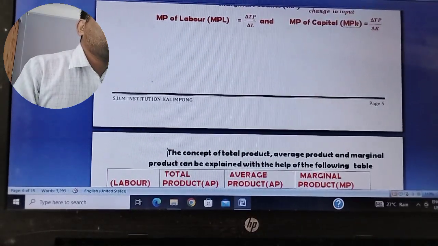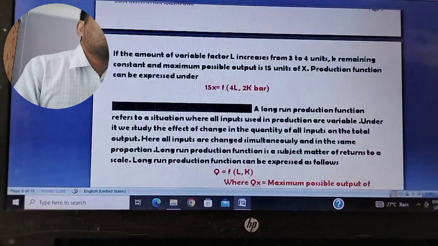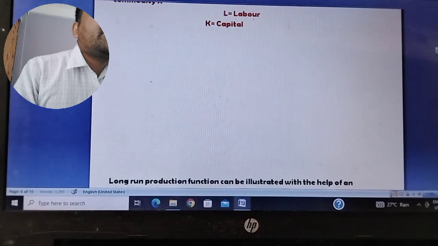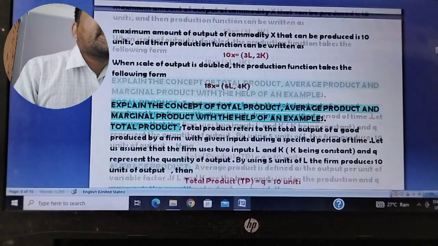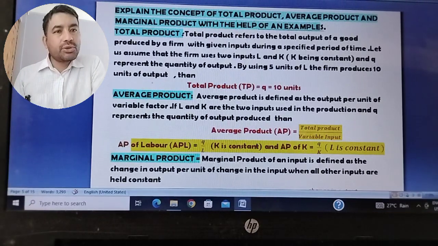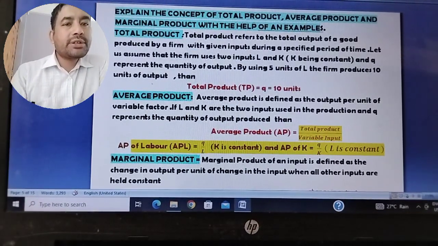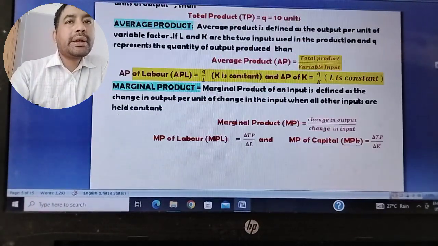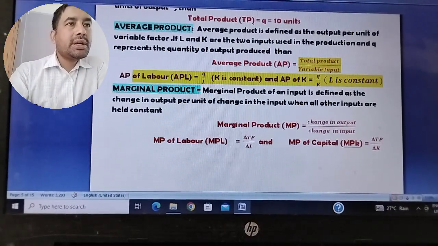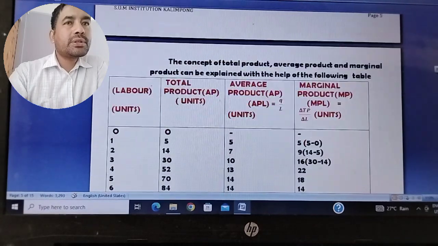You may even take a screenshot once again. So if you take the screenshot, then it will be like this. You can take a screenshot up to this marginal product, then we are moving towards explanation.